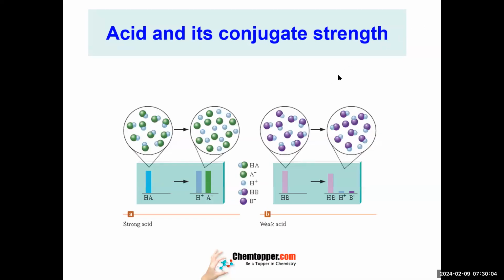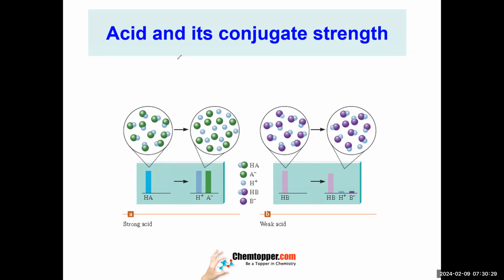Bases, and I explained to you the meaning of conjugate acids and conjugate bases. So here I'm going to give you some examples, to review the meaning of conjugate acids and conjugate bases.